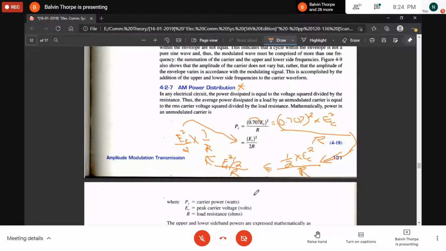Remember what we want to find. Just to simplify things, because I want to make things as simple as possible. For the AM wave, we need to find the total power.